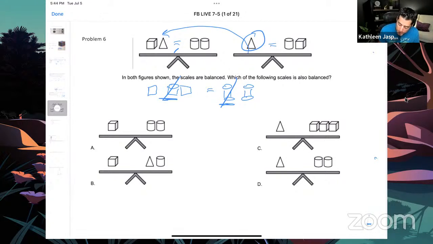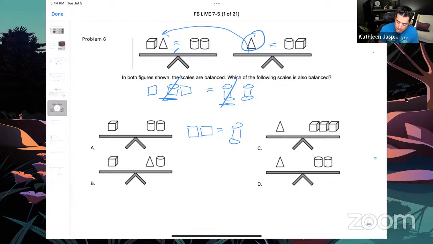So when I do that, now stick with me here. I am now at 2 squares, or 2 cubes, are equal to 1 cylinder.